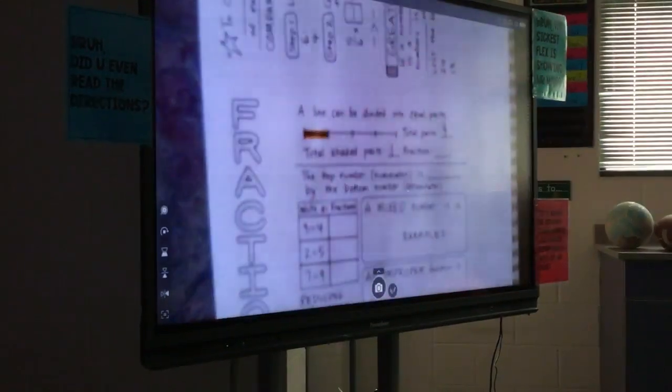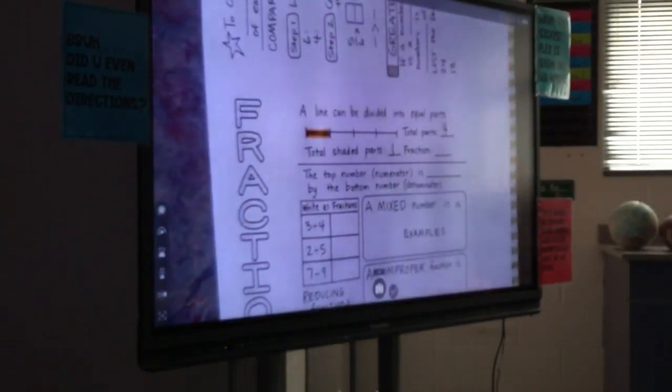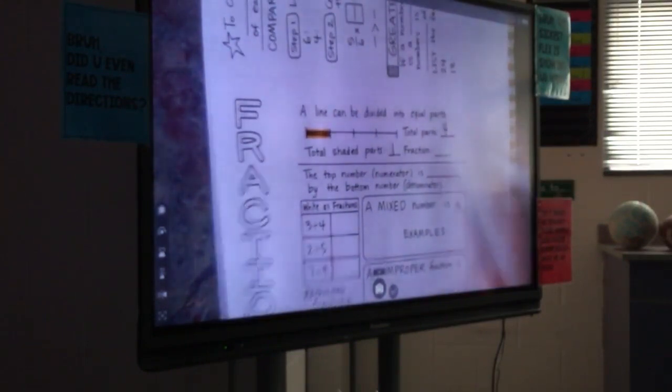So then if I wanted to write a fraction representing the total number of parts and the total number of shaded parts, what would my fraction be? Zachary? 1/4.